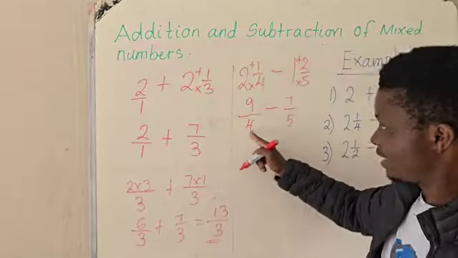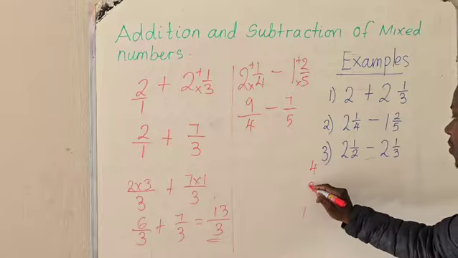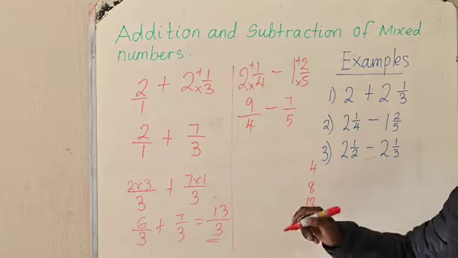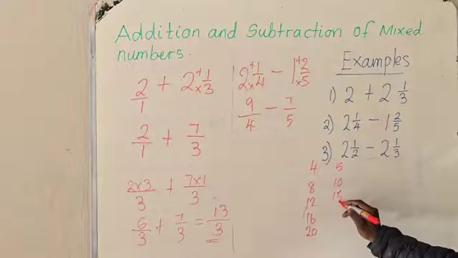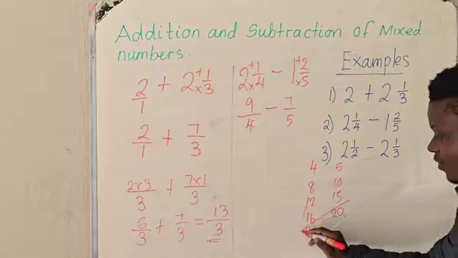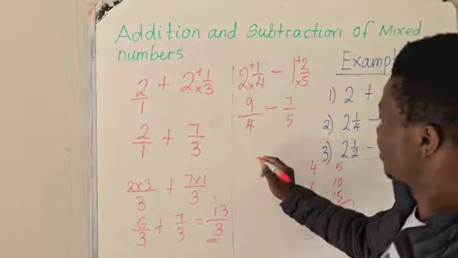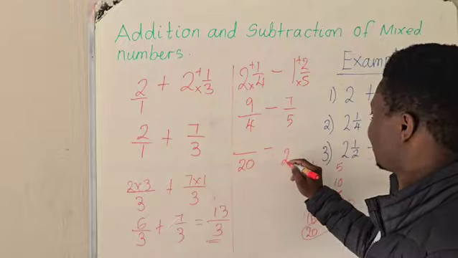Go to your 4 times table, list the multiples of 4 in this case, which is 4, 8, 12, 16, 20. List your 5 times table, 5, 10, 15, 20. You can see that these two denominators share a common denominator of 20. So we give it a new denominator 20, new denominator 20.